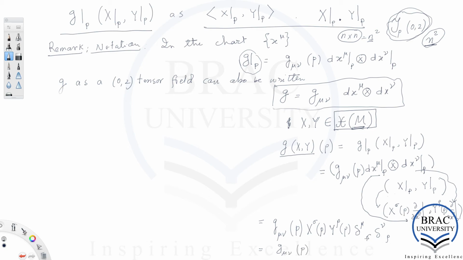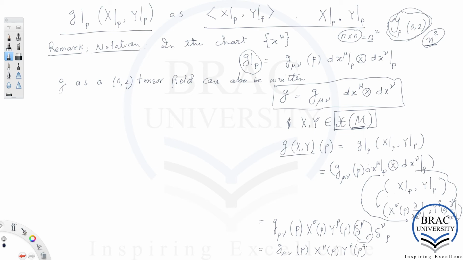Because of the presence of this Kronecker delta, all the terms except for the mu will go away. So we have x mu at p, and then y mu at p.